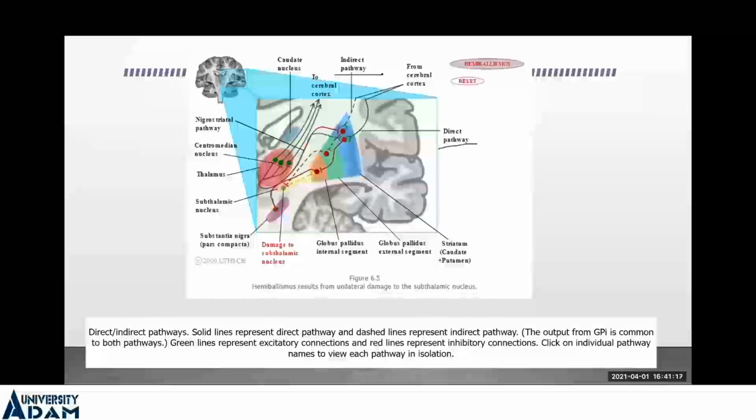And upset of the balance between the direct and indirect pathways results in the motor dysfunction that characterizes the extrapyramidal syndrome.